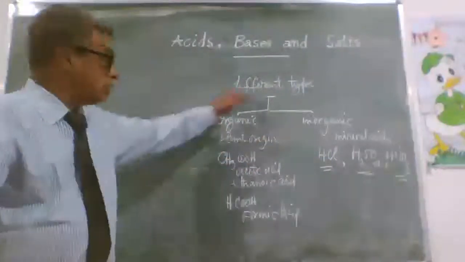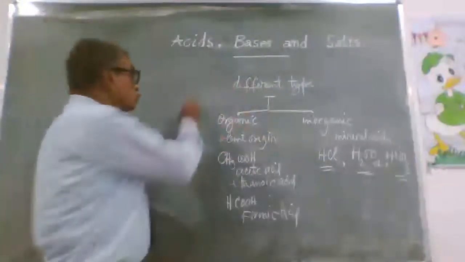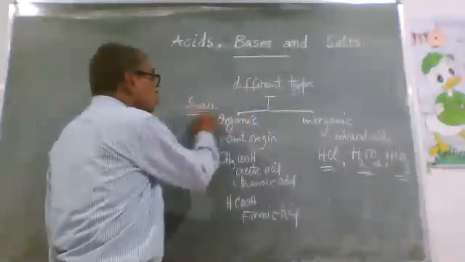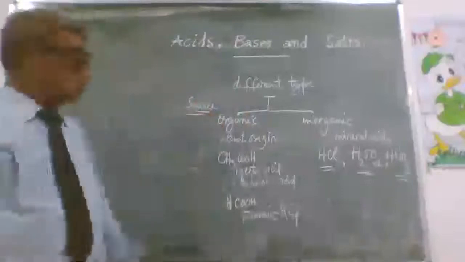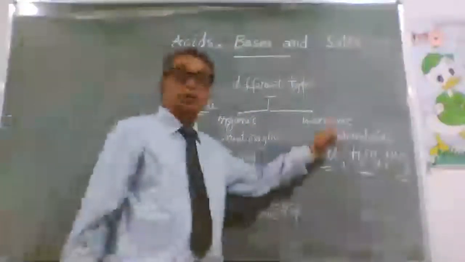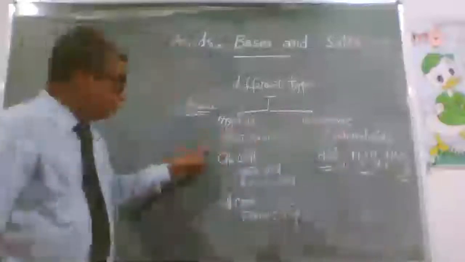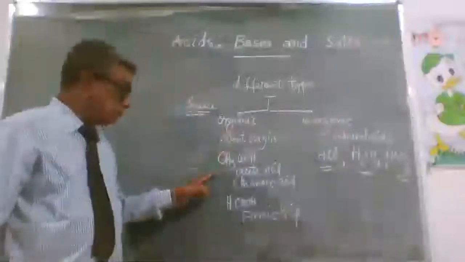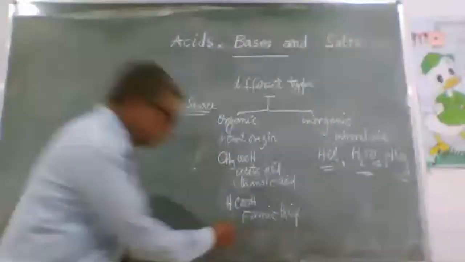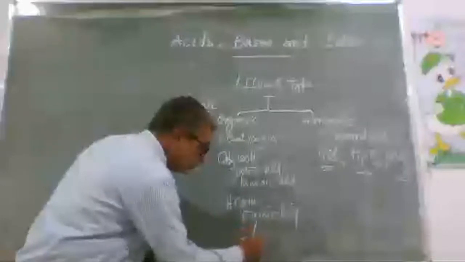Acids are of different types according to the source from which they come. Those of plant origin are organic, those of mineral origin are inorganic. Plant origin examples: acetic acid, formic acid, then citric acid, oleic acid, and several other acids. The formulae are very difficult to write.